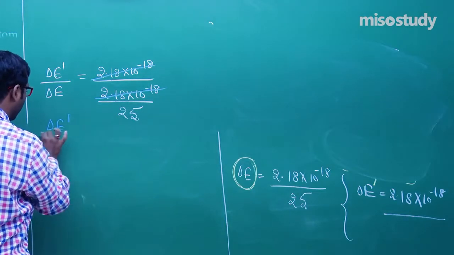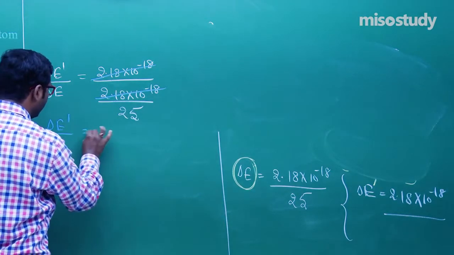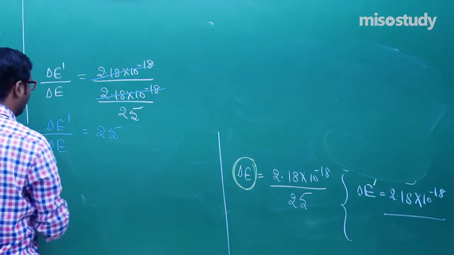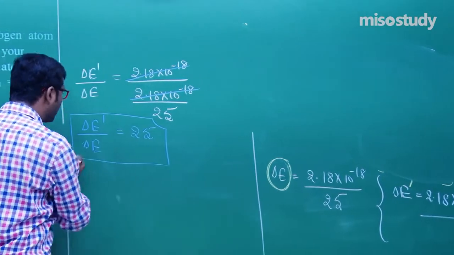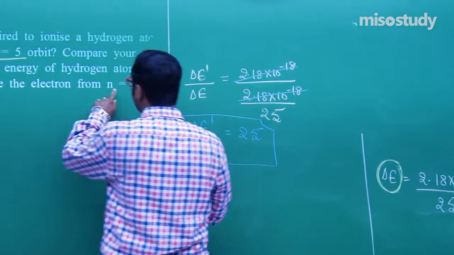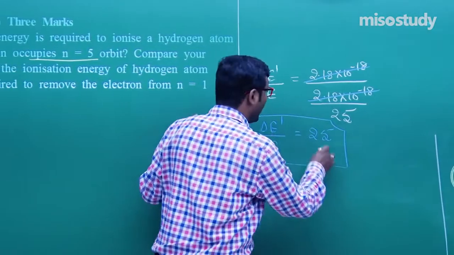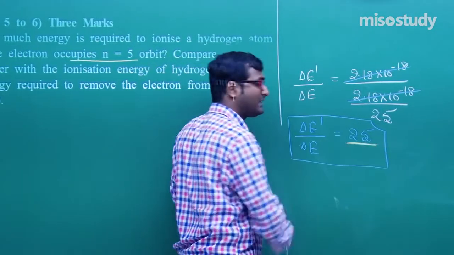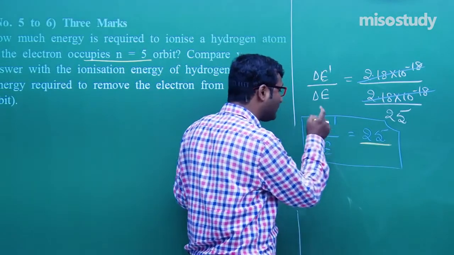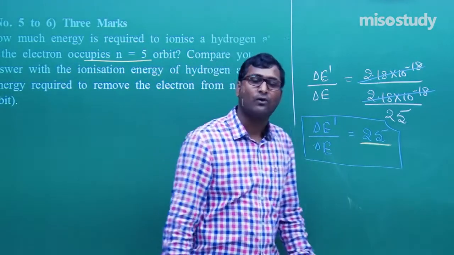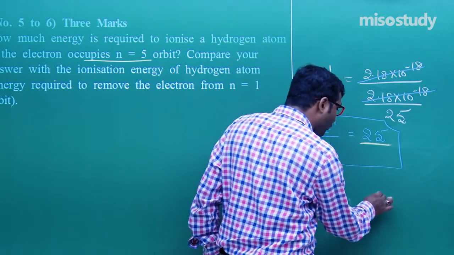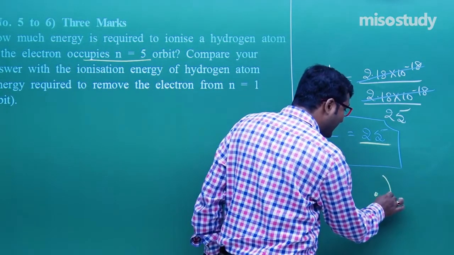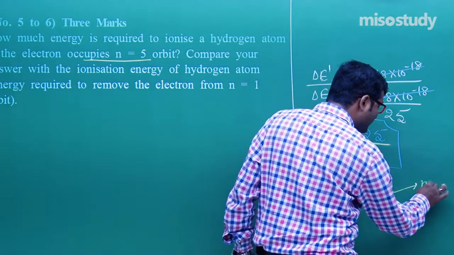Delta E dash upon delta E is equal to 25. That is, the energy required to remove an electron from the n equal to 1 orbit is 25 times greater than the energy required to remove an electron from n equal to 5. That is, if we are close to the nucleus, then we need more energy.